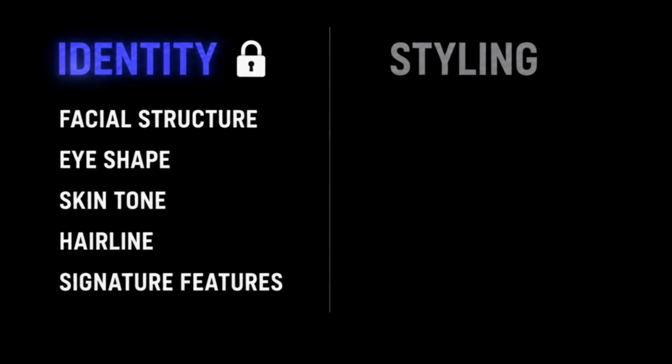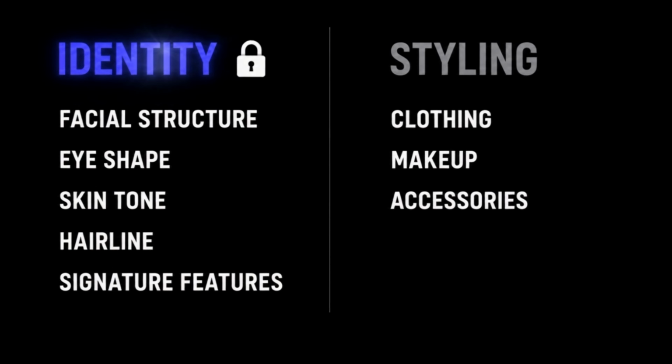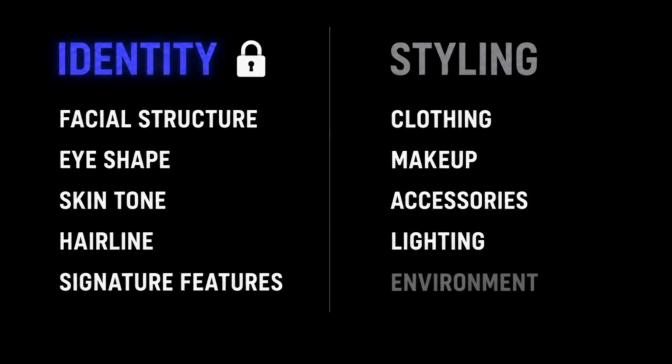Styling includes clothing, makeup, accessories, lighting, environment. A character can wear a different outfit and still look like the same person, but the prompt needs to make that clear. Keep the identity description stable, then add a new styling direction underneath it.